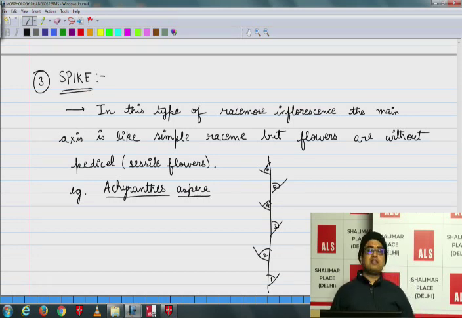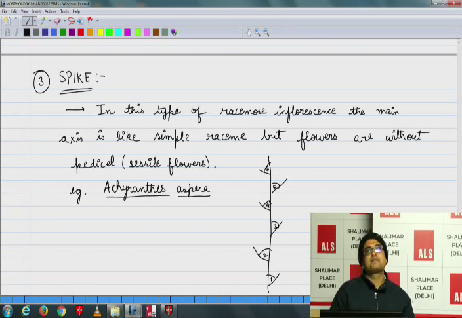Now you have seen this plant, but you don't remember it. Please try to remember whenever you are playing cricket or football and your ball goes somewhere outside the field. Then when you are coming back to the field, you have seen some pointed, sharp seeds sticking to your skin, entangled in your hair, or sticking to your clothes.